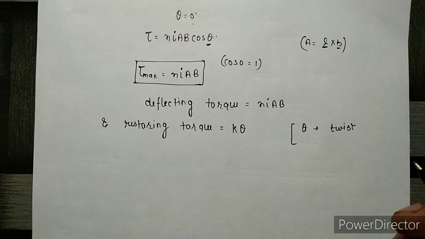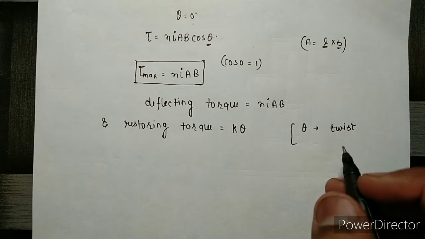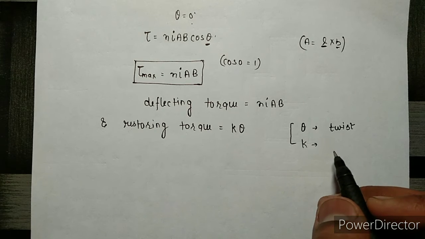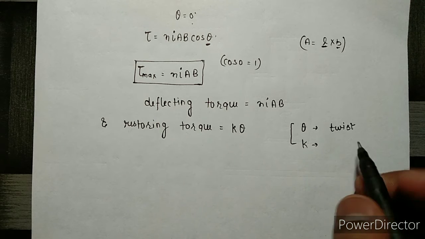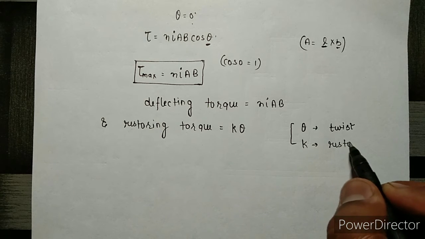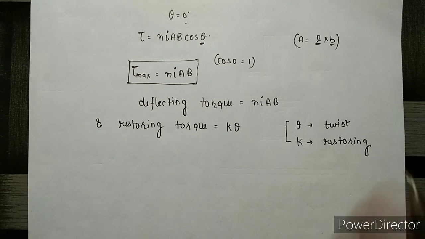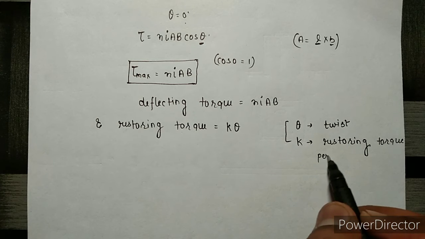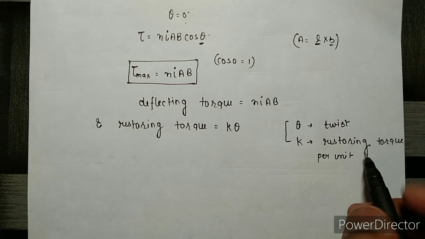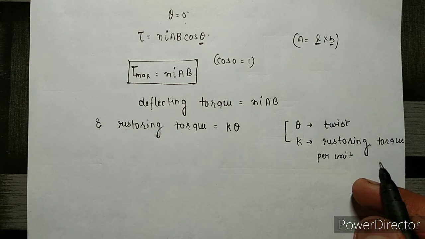Theta is the twist produced in the phosphor bronze strip, and K is the restoring torque per unit twist.